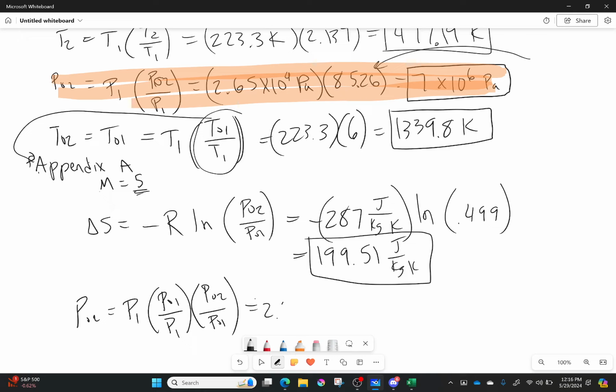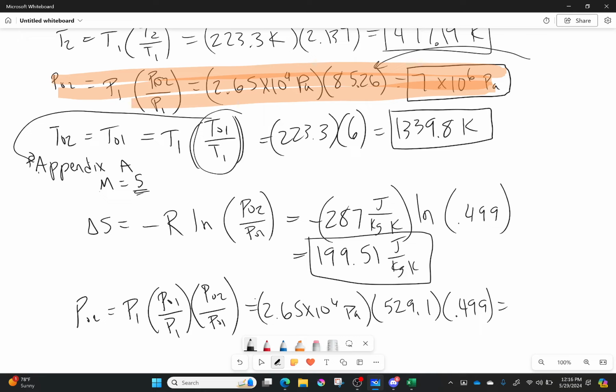That's 2.65 times 10 to the 4th pascals, multiplied by P01 over P1, which is 529.1, and then multiplied by 0.499. So that does 100% equal what I'm looking for.